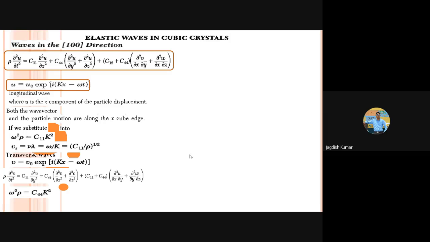Okay, fine. It is straightforward, so let's not consume much time on this. So the velocity Vs for propagation of a transverse wave will be the square root of C44 over rho. Similarly, if you try w, then also you will get the same velocity. You can try it yourself.